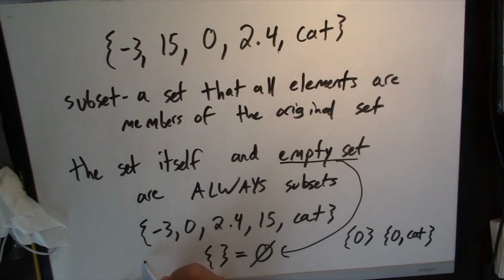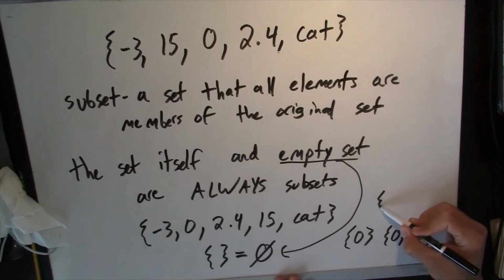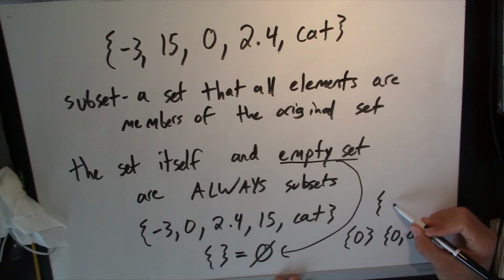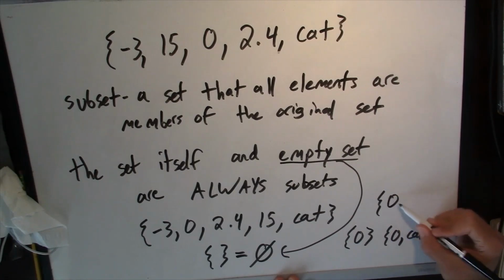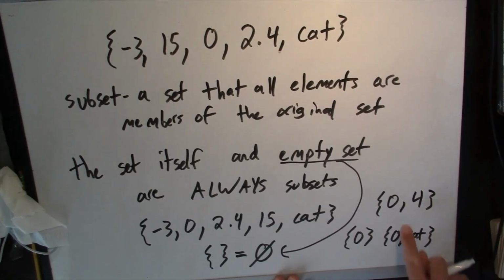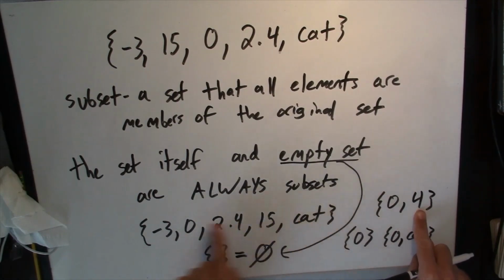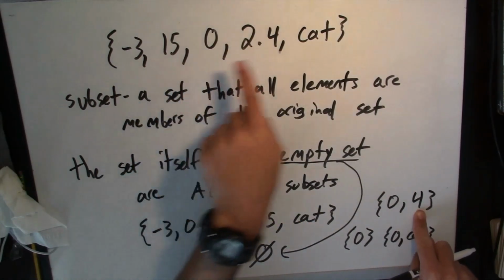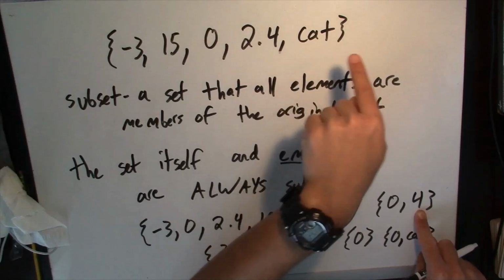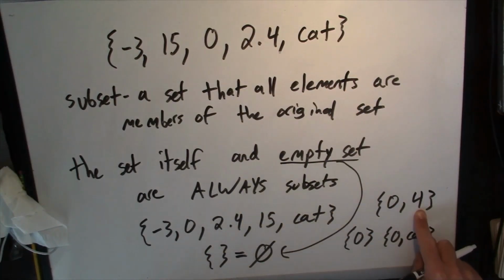But if I did something like this, and I said 0 and 4, this is not a subset because 4 is not an element from the original set. There is no 4 as an element, so this cannot be a subset.